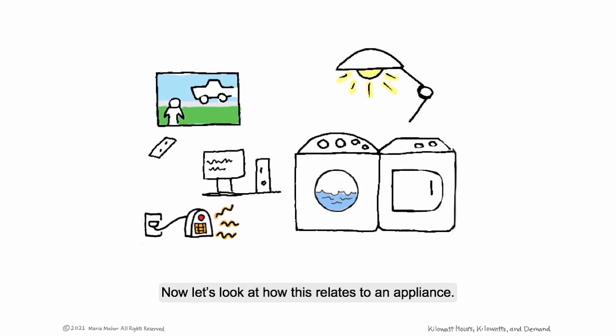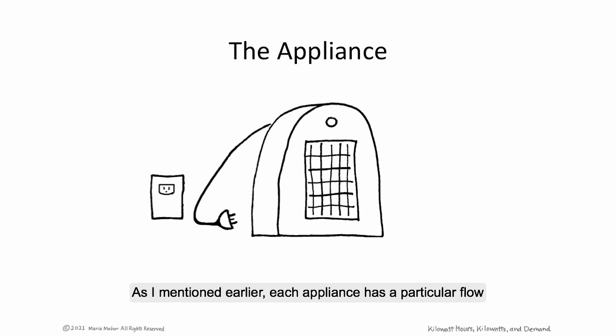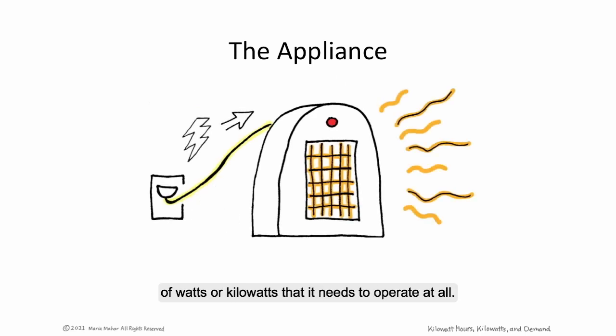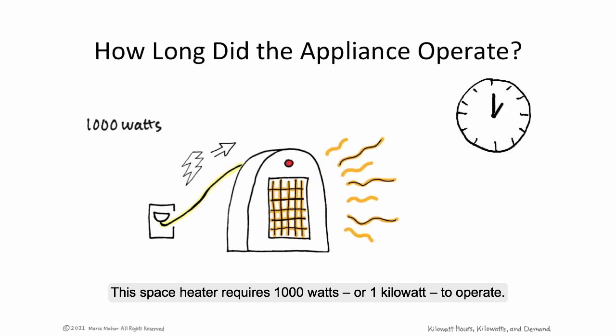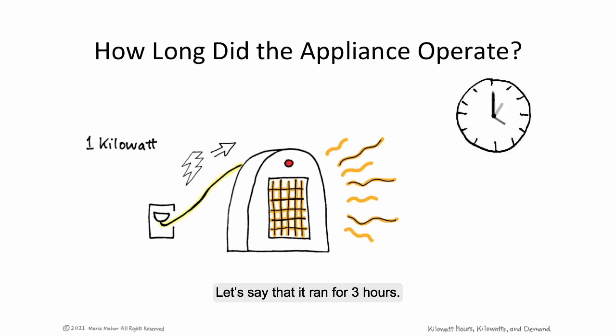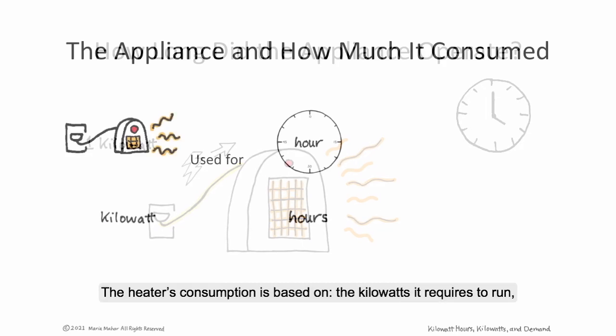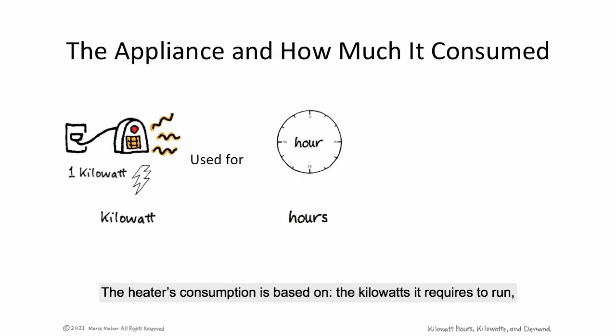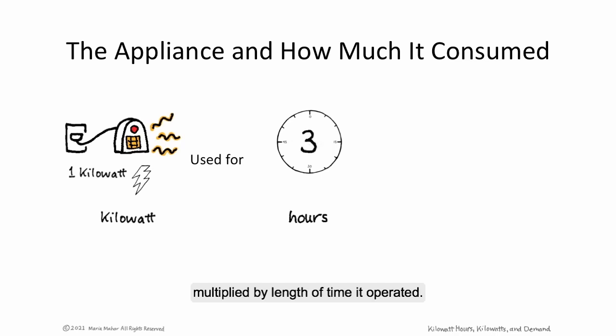Now let's look at how this relates to an appliance. As I mentioned earlier, each appliance has a particular flow of watts or kilowatts that it needs to operate at all. This space heater requires 1,000 watts or 1 kilowatt to operate. Let's say that it ran for 3 hours. The heater's consumption is based on the kilowatts it requires to run multiplied by the length of time it operated.